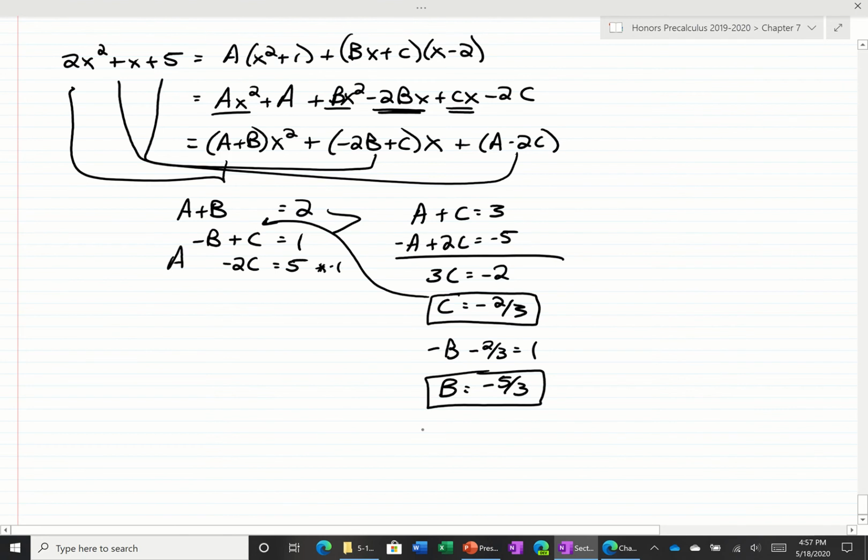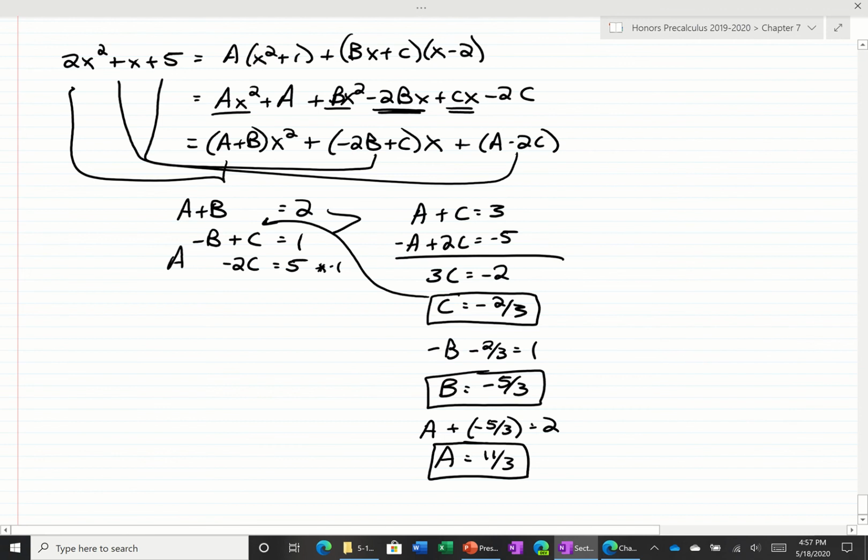And if a plus b equals 2, that means that a would equal 2 plus 5/3, which is 11/3.